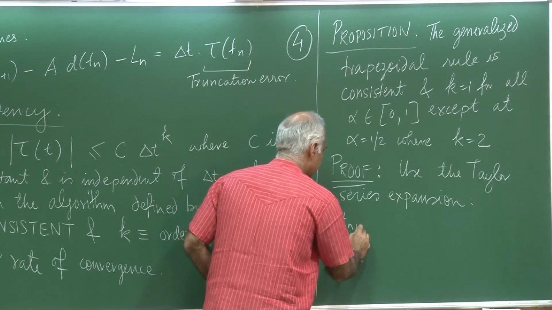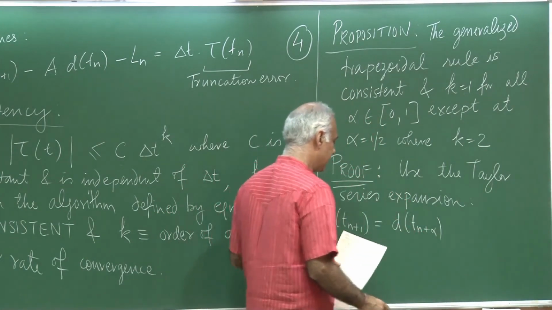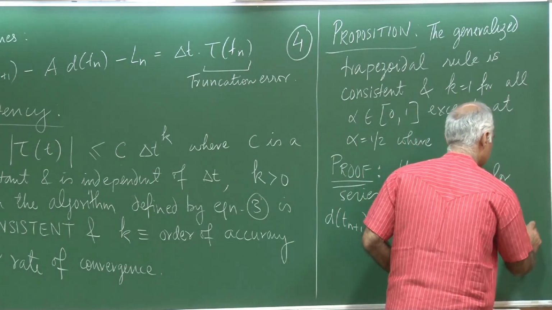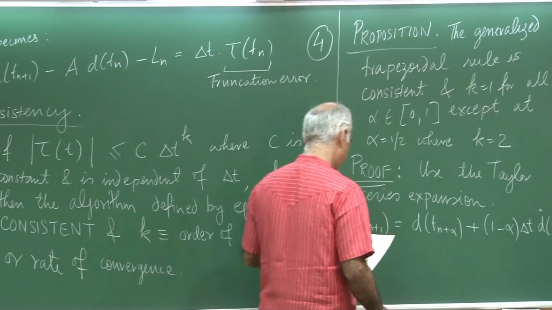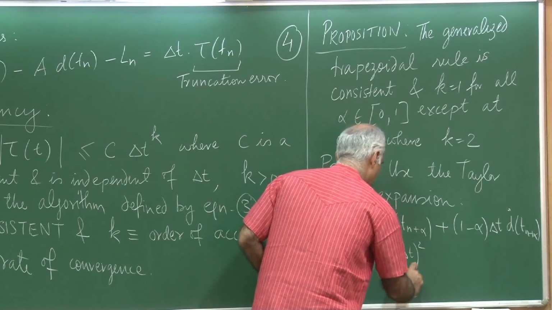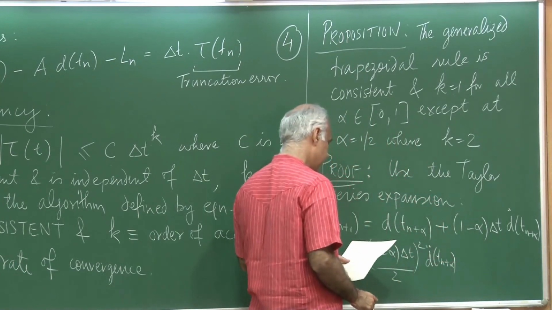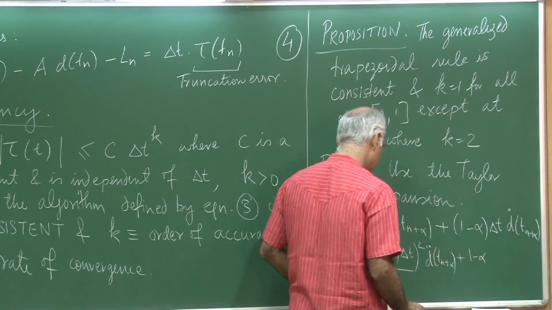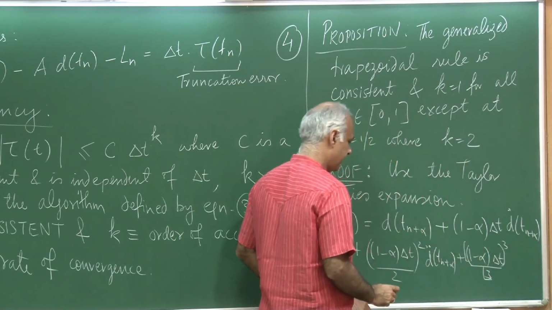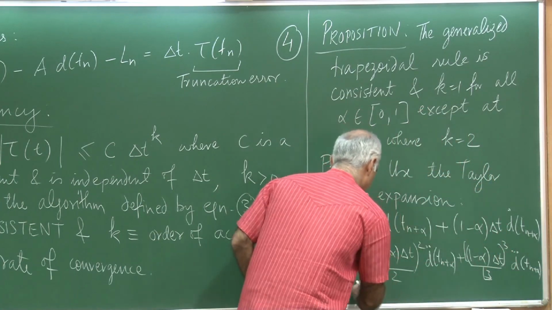So, first I am going to write d at t_{n+1}, and this I can write as d at t_{n+alpha} plus (1 minus alpha) delta t times d dot at t_{n+alpha}, and then I have another term which is ((1 minus alpha) delta t) squared by 2 times the second derivative of d at t_{n+alpha}, and I can do another third order term, ((1 minus alpha) delta t) cubed divided by factorial 3 times the third time derivative of d at t_{n+alpha}, and higher order terms.